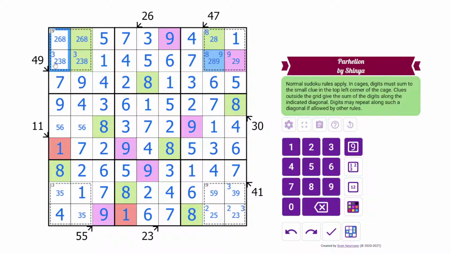I missed there was 8s. There was already 8s in this column? 2, 3, 6, 5.